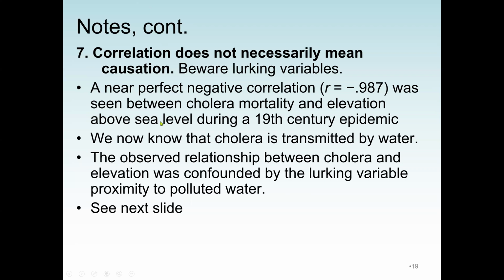So we can see there's a correlation or association, but there's no causation. The causation is the water supply, because the people living above sea level had a different water supply than people living below. The water was contaminated, and that caused the cholera.